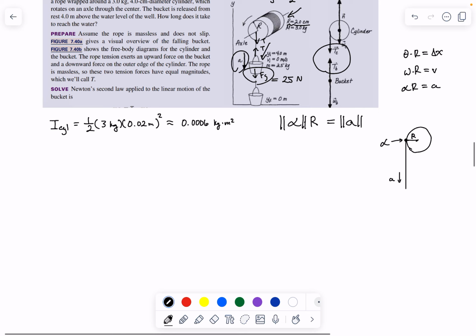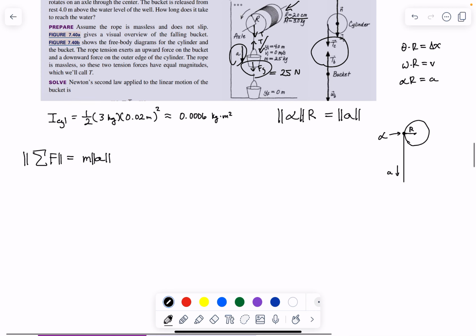So maybe I might start with the bucket. The sum of the forces on the bucket is going to be equal to the mass of the bucket times the acceleration of the bucket. And again, keep in mind, I'm going to think about just magnitudes here, so I'm not going to worry about positive and negative. I'm going to put these absolute value bars. What's the magnitude of the sum of the forces here?